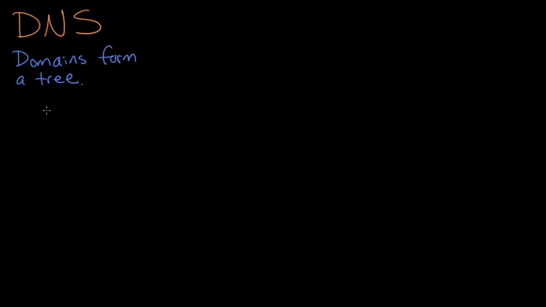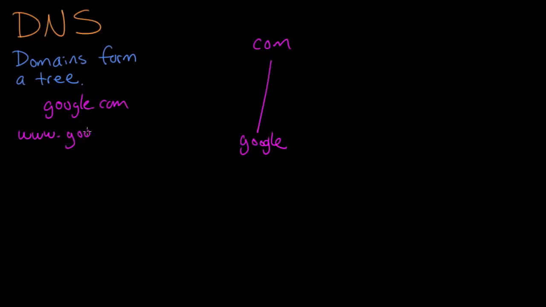So we'll start with one that everyone knows about, like google.com. And we would draw that by putting com here at the top and then Google down below it. And of course, we know about domain names like www.google.com.